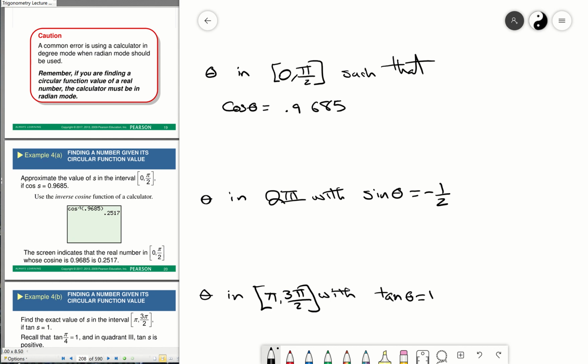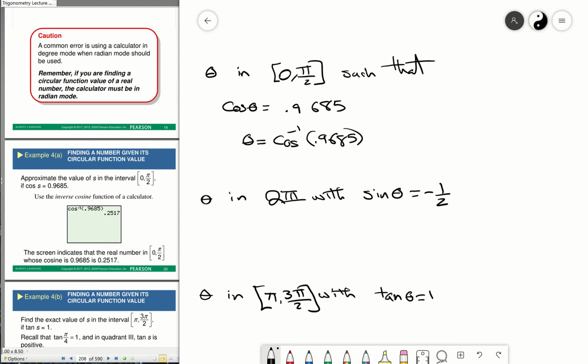So if you notice, when we have that, if you recall, we need to invoke the inverse trigonometric functions. So if the cosine of theta is 0.9685, that means theta equals the inverse cosine of 0.9685. Now, we go ahead and calculate that.